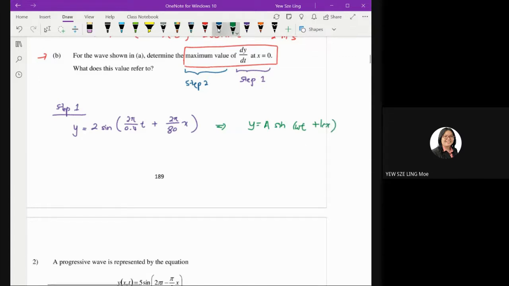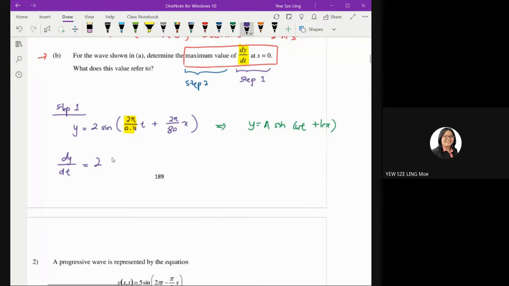You want to differentiate with respect to time, because according to the question, you need dy over dt. So dy over dt is then equals to 2. Because you want to differentiate with respect to time, we take the value of omega out and put it at the front. So you don't need to include 2 pi over 80.